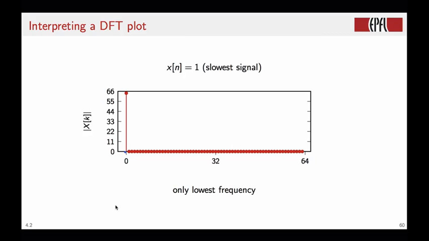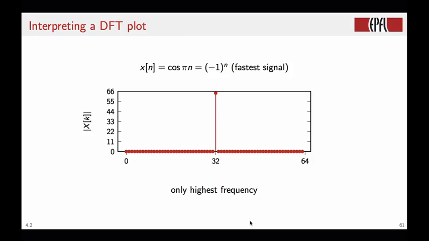It's not even a frequency in a sense, because k equal to 0 is absence of movement. Conversely, if we take x of n equal to cosine of pi n, which is equivalent to, say, minus 1 to the power of n, which is the fastest signal in discrete time, its DFT will only have one non-zero coefficient exactly at the highest frequency point.